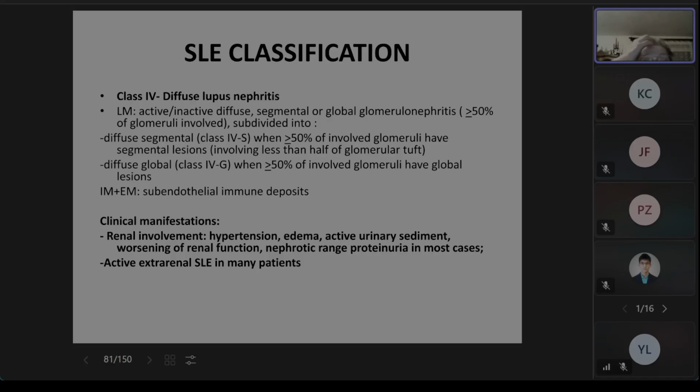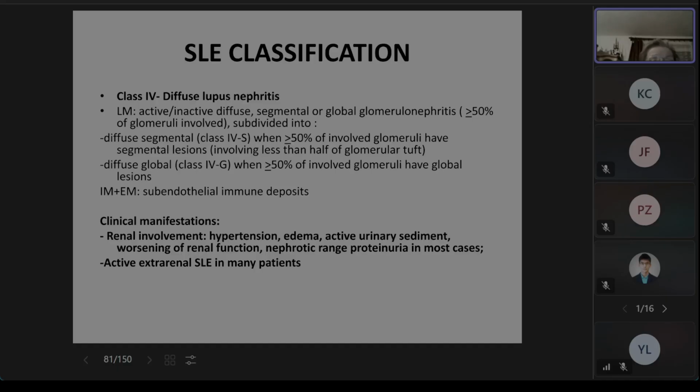Class 4 is diffuse lupus nephritis. You will usually observe active, diffuse, segmental, or global glomerulonephritis. Global means that more than 50% of glomeruli are involved.